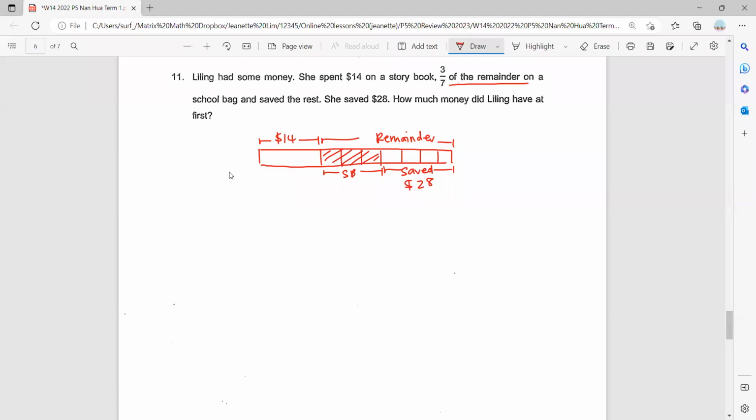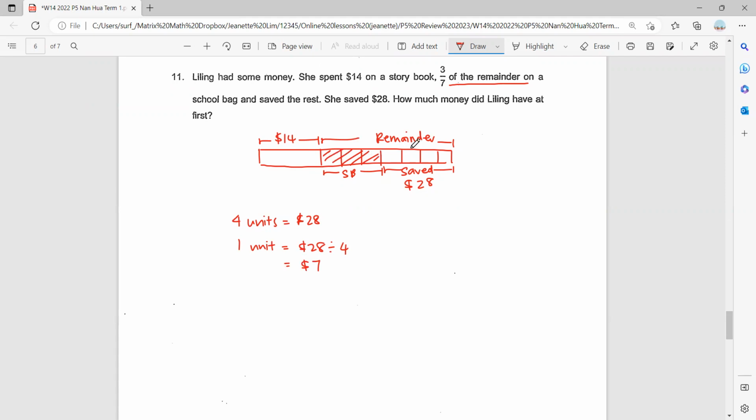Okay, so now this $28 is 4 units. So 1 unit is $7. Okay, so we are supposed to find the total at first.